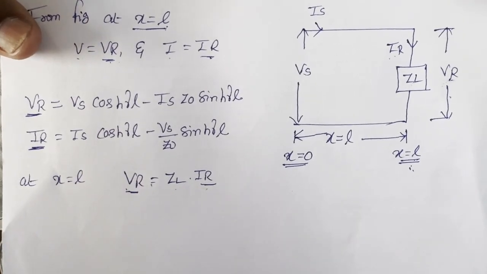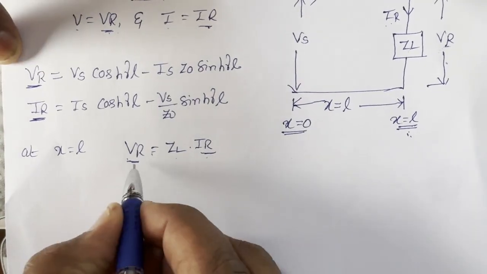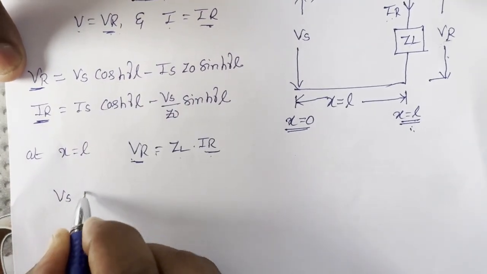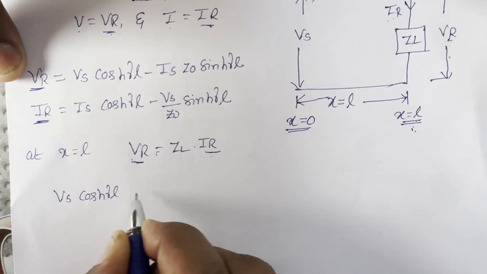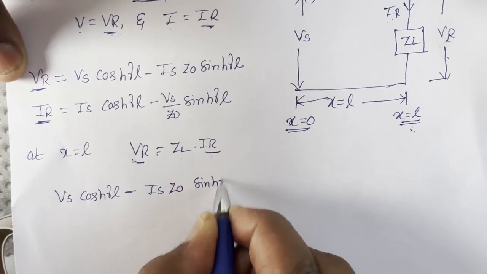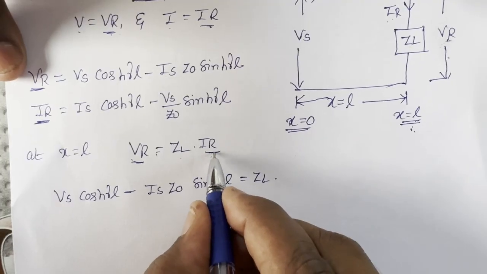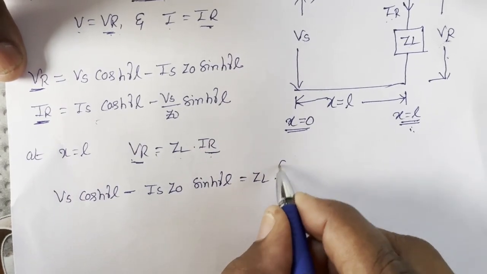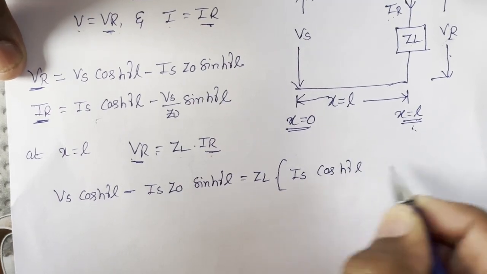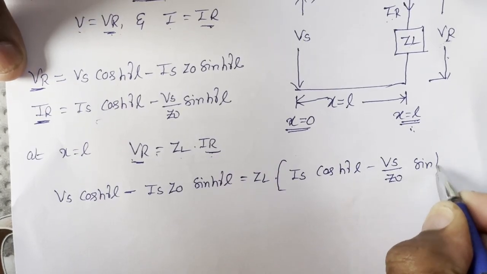Then Vs cosh gamma L minus Is Z naught sinh gamma L is equal to ZL into IR, which is nothing but ZL into Is cosh gamma L minus Vs by Z naught sinh gamma L.